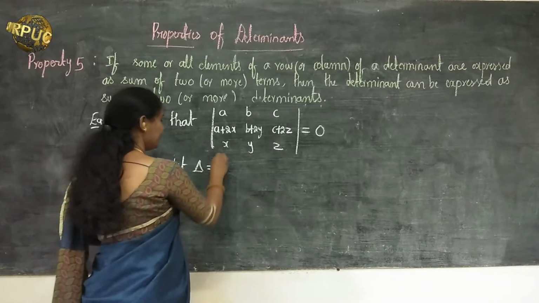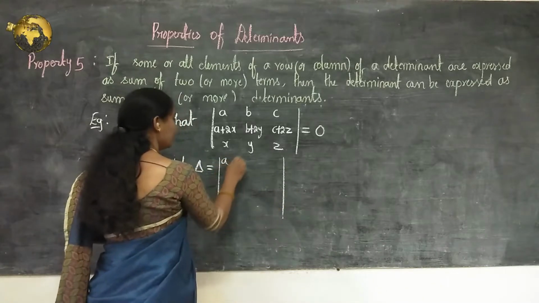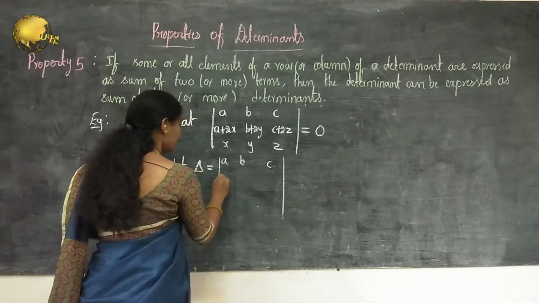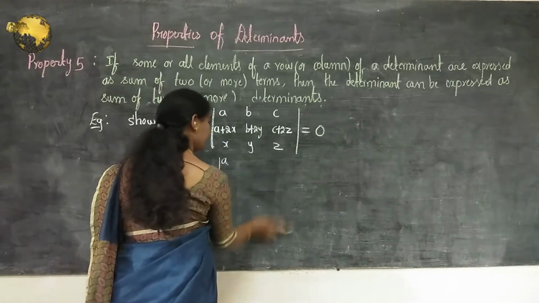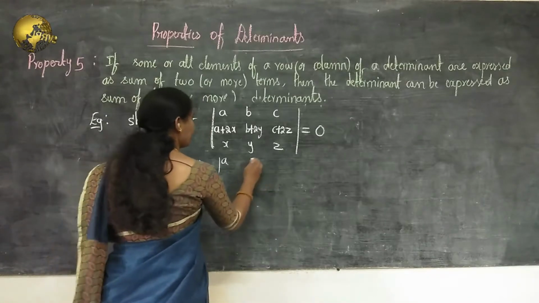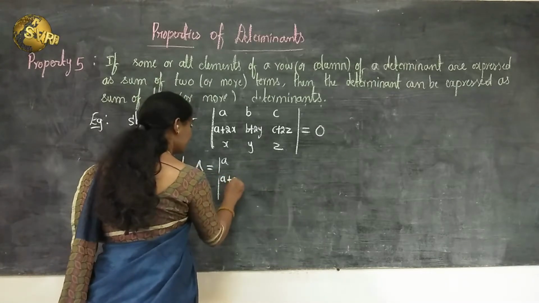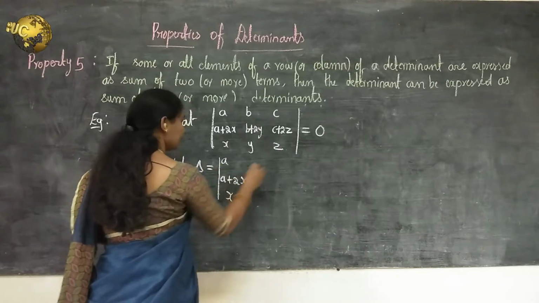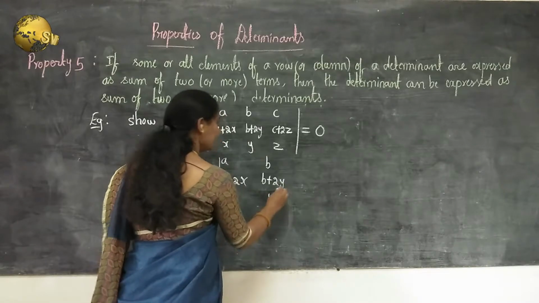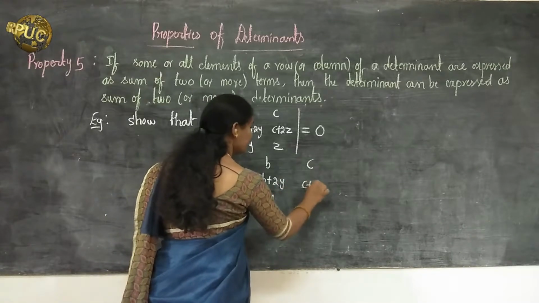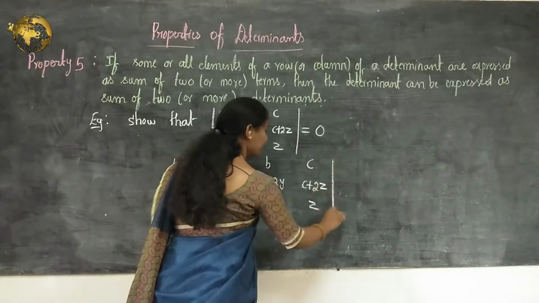So delta is equal to A, B, C, A plus 2x, B plus 2y, C plus 2z, x, y, z.